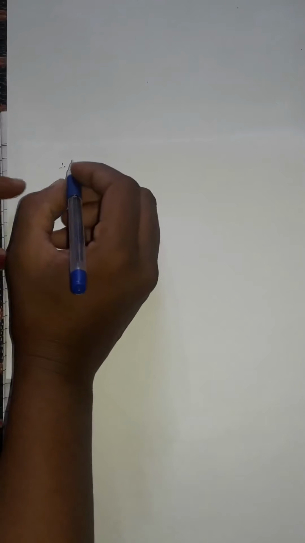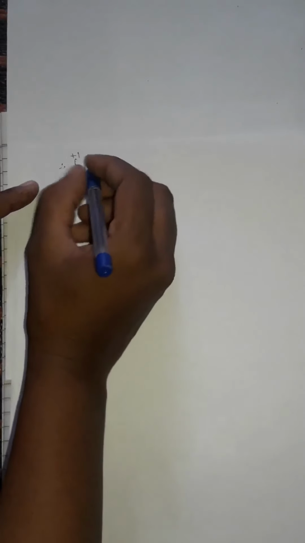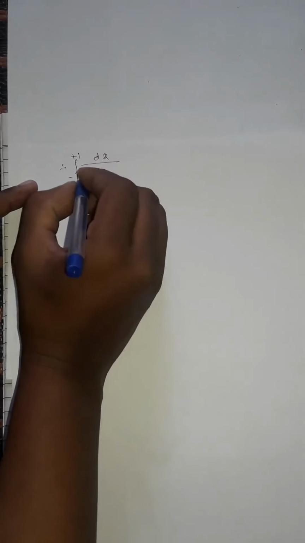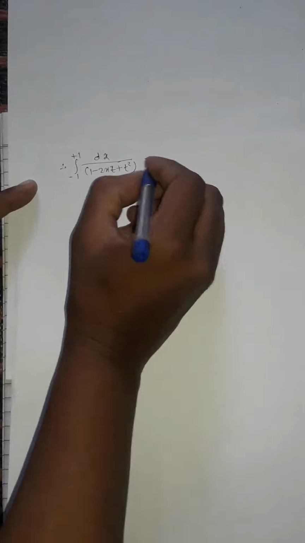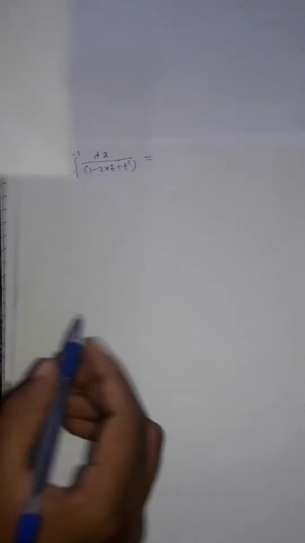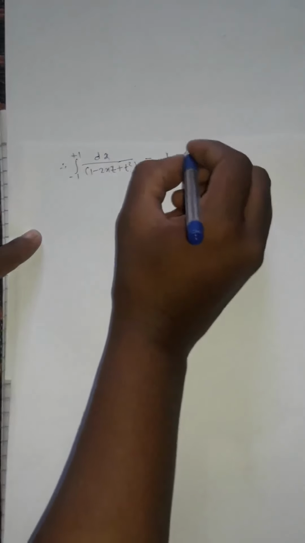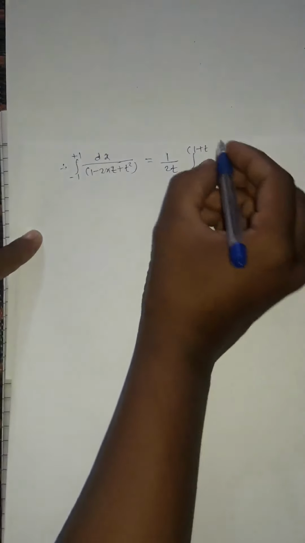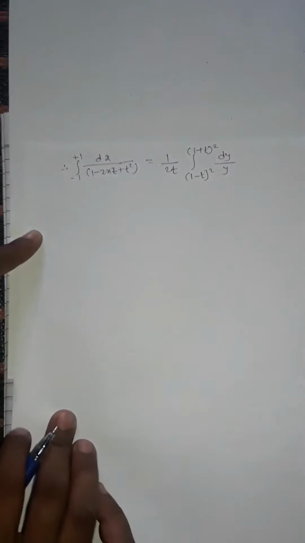Therefore, integral over minus 1 to plus 1 dx upon 1 minus 2xt plus t square is equal to 1 upon 2t into integral over 1 minus t square to 1 plus t bracket square of dy upon y.